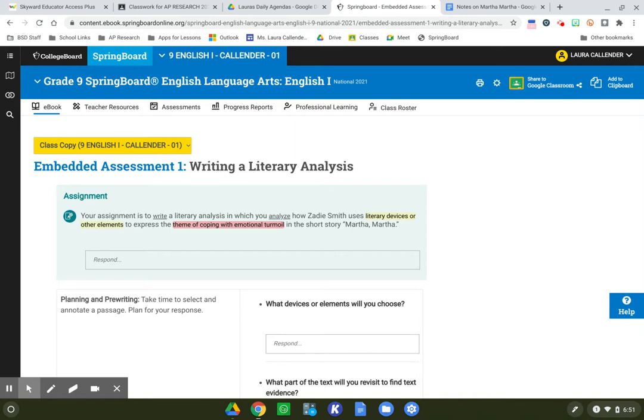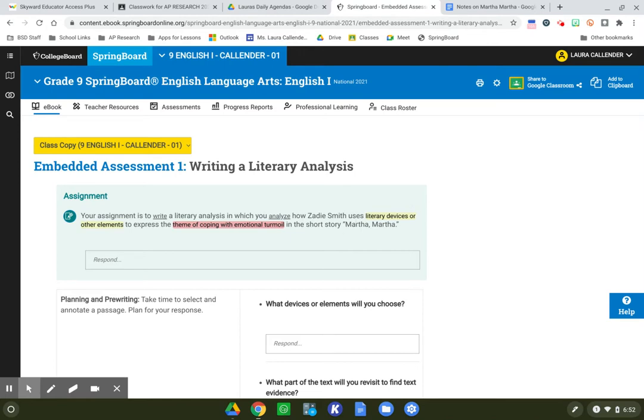The two main characters have experienced trauma individually, different trauma, and they cope with it in very different ways, which we will notice. Now, the author communicates this theme about how they cope with their trauma by the use of literary devices and short story elements.